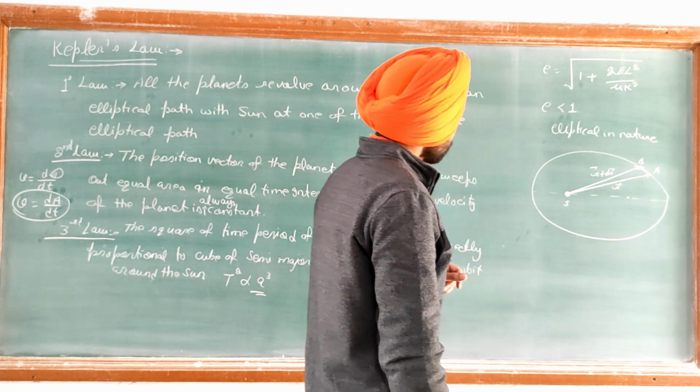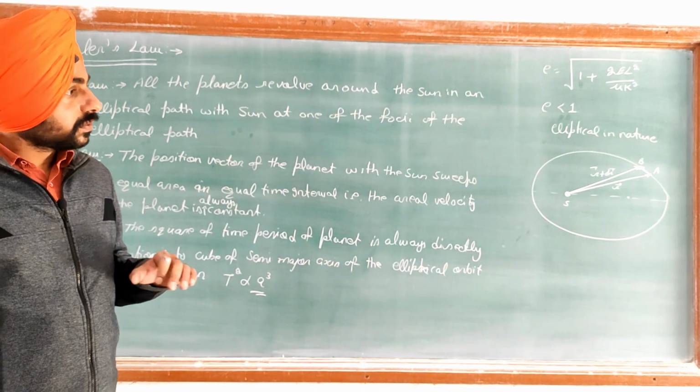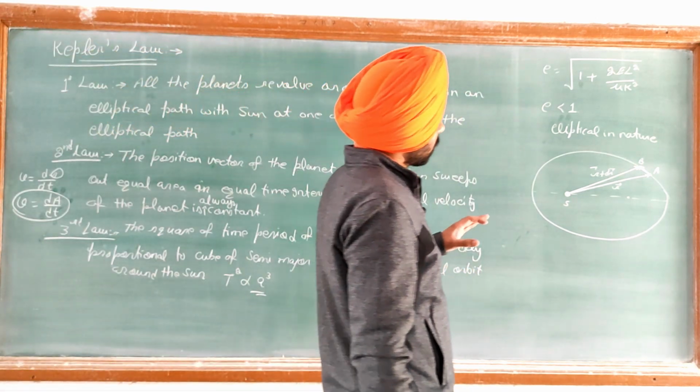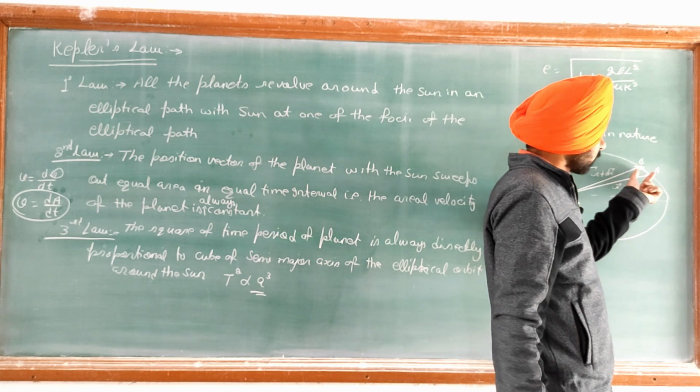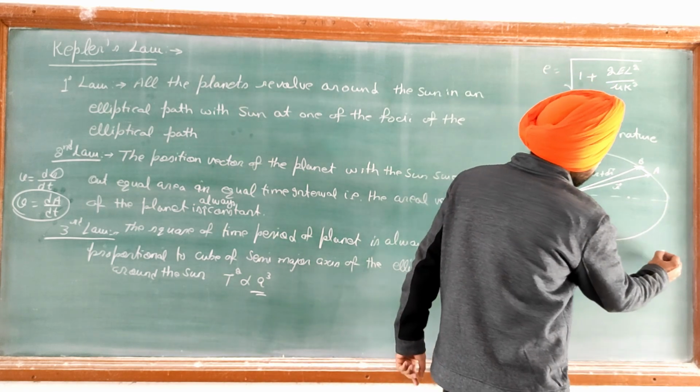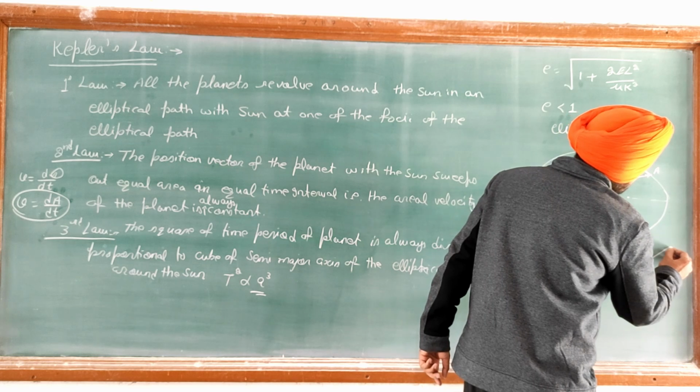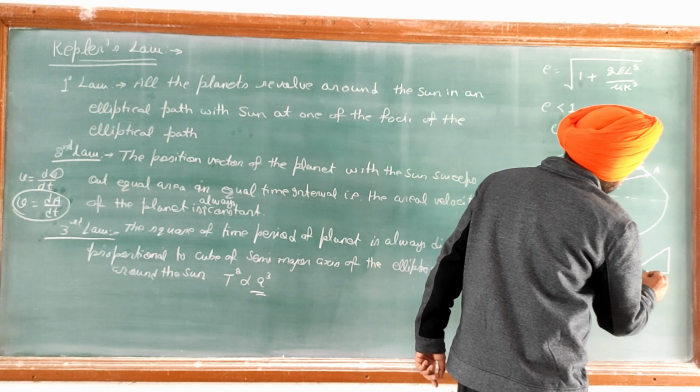Now we know SAB is like a right angle triangle if dr is very small, and this portion of the diagram is like this.